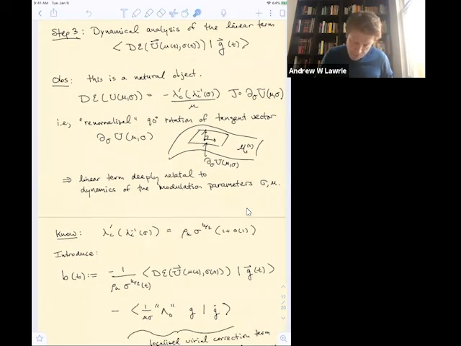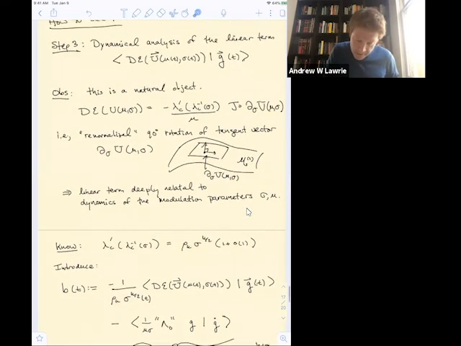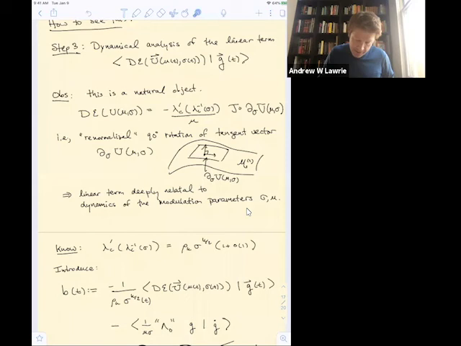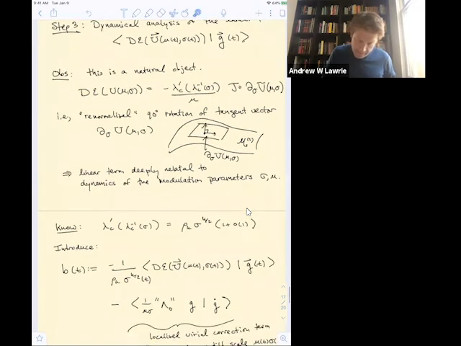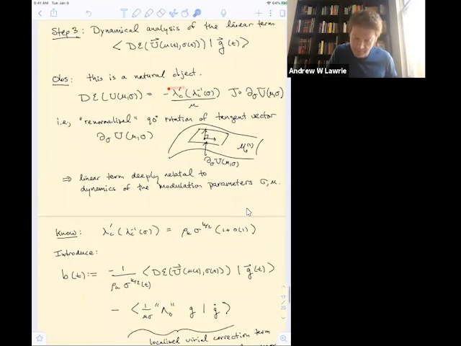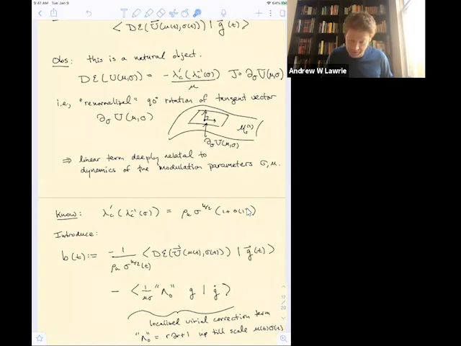Okay. So I'm going to try and analyze the dynamics of this linear term. Since I've worked so hard to understand the solution I constructed, I know precisely how this normalization factor behaves. It looks like sigma to the k over 2 times some explicit constant.